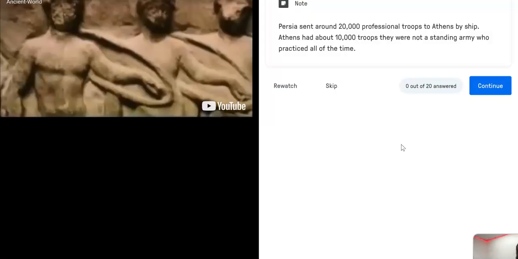Now, if we stop and think about it, we're going to come back to our map. And I want to ask you a question where we're going to have to use some of that good wrinkle brain thinking power. Persia.